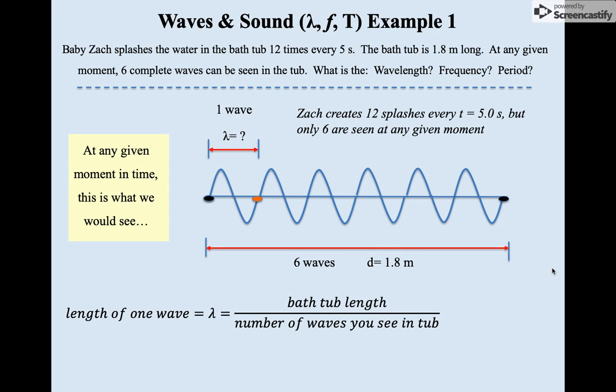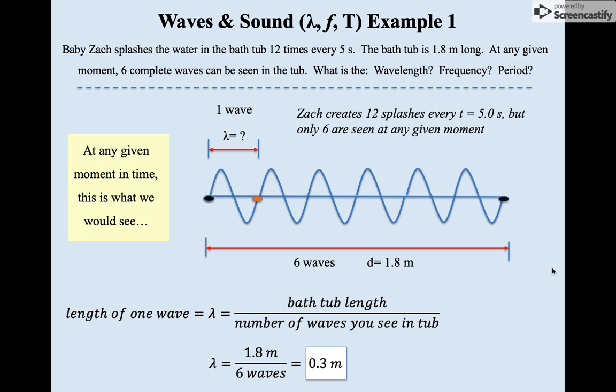Well, if you divided the length of the bathtub by the number of waves you see, you would be able to tell the length of a single wave. So the wavelength ends up being 0.3 meters. That means that if you see 6 waves in the 1.8 meter bathtub, each one of those waves is 0.3 meters in length.